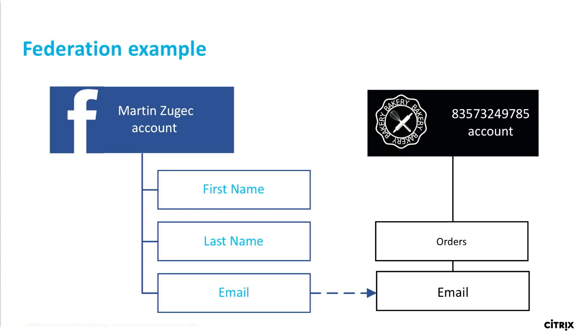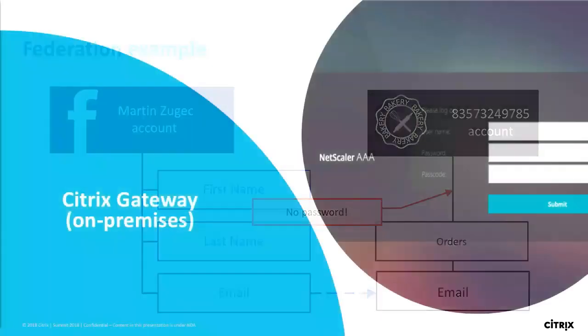Again, my user experience is I'm just using my Facebook account. Technically, you are using two separate accounts. It's just a completely seamless experience for the end user. So again, notice in this case, there is no password at all. It's a completely passwordless approach for how I can log on to all these different resources and use them.